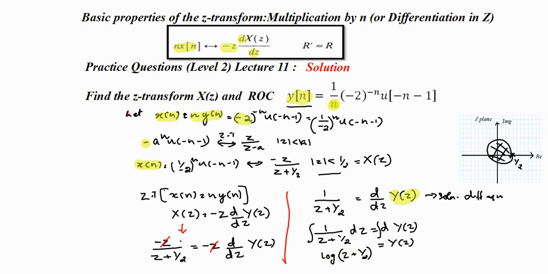A similar question they can ask with 1 by n square also, but this is a very important question. Always remember, when there is 1 by n, you need to apply the differentiation property in a different manner. You need to define a new signal which is multiplied by n, so we will get the normal signal, and now we need to apply the normal procedure.